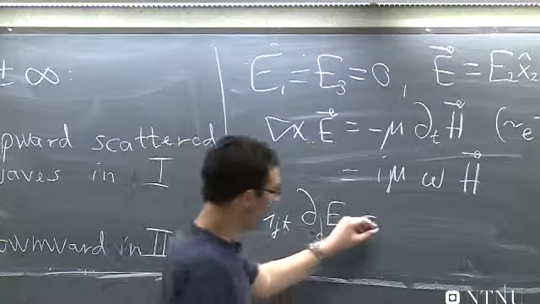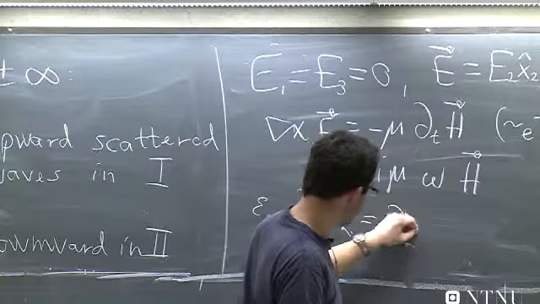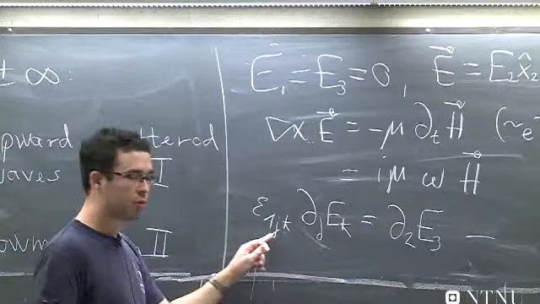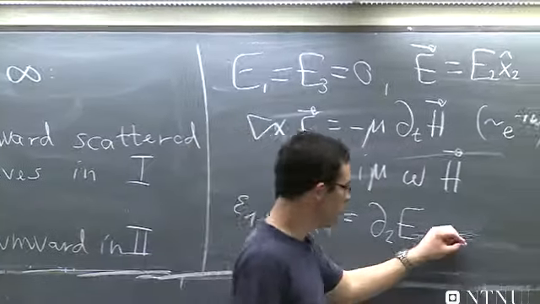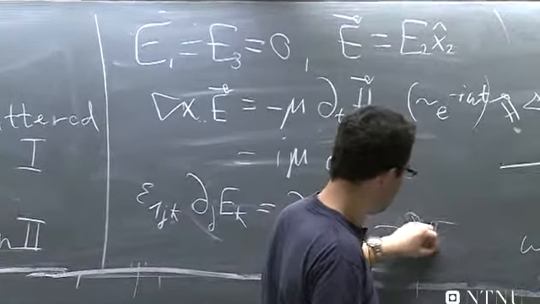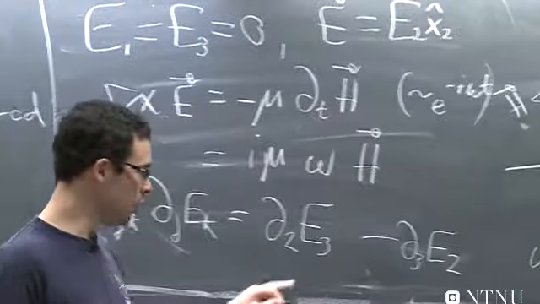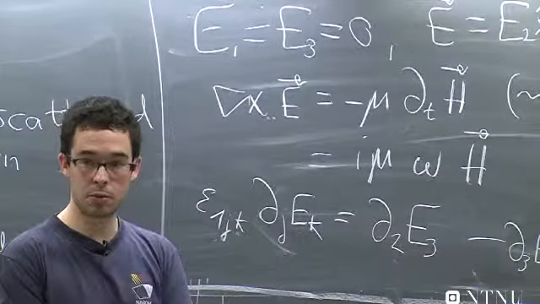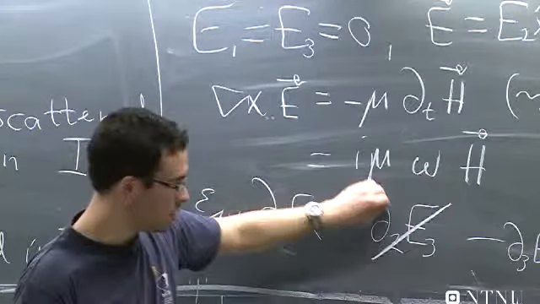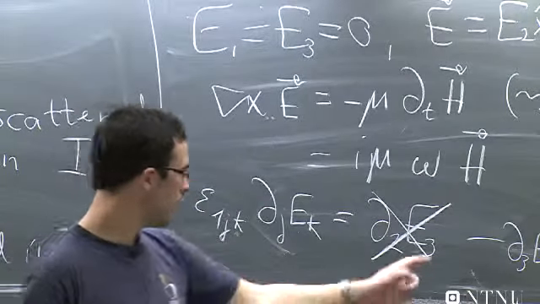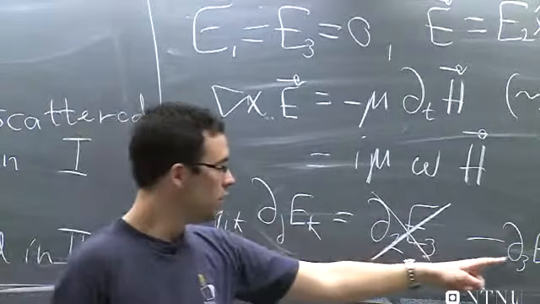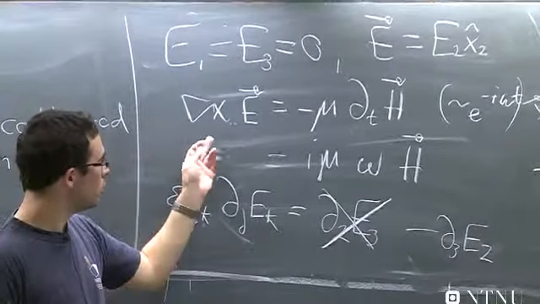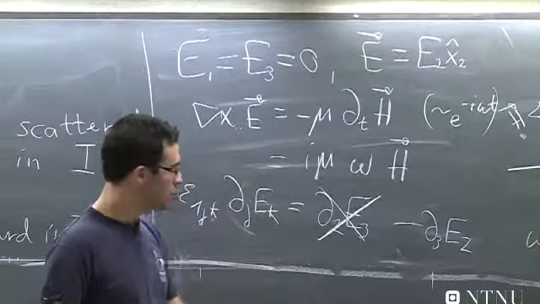That's a positive. So it's d2 e3. And then if I swap 3 and 2, I have to swap the sign. So it's d3 e2. And we know that this term is 0 because we said that we're investigating only S polarization. So I can skip this term, meaning that this is the only thing I get out for the first component of H.